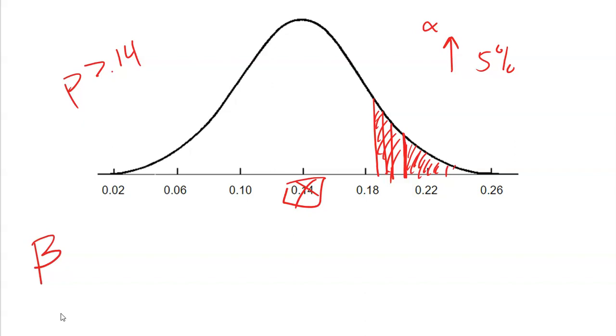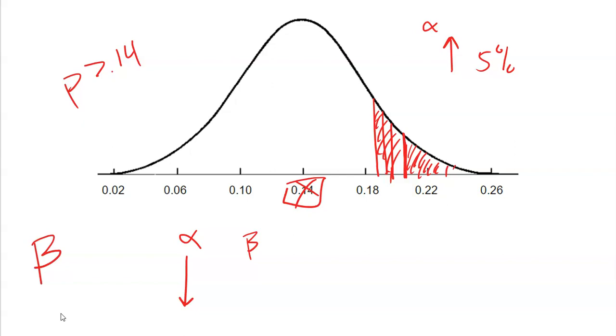So now we kind of have this issue here where alpha is type 1 error, beta is type 2 error, and I just got done saying with type 1 error, lower your alpha, and you will reduce type 1 error. But if I lower my alpha, that's going to increase type 2 error.